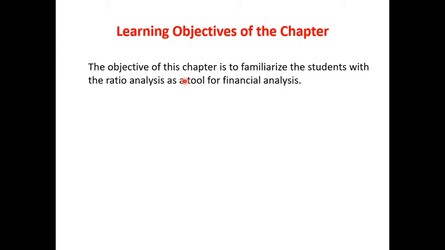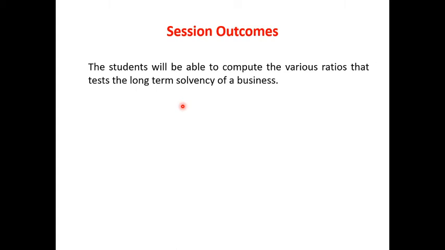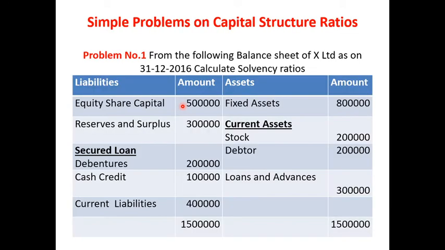The main objective of this chapter is to familiarize the students with ratio analysis as a tool for financial analysis. The main outcome of this session is that the students will be able to compute the various ratios that test the long-term solvency of a business. See the problem.